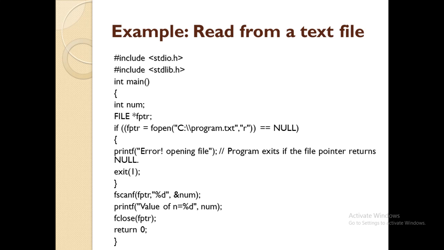Once you have read the integer value from the file, we are printing that value onto the screen using the simple printf function. And once the read operation is done, we are closing the file pointer using the fclose function.